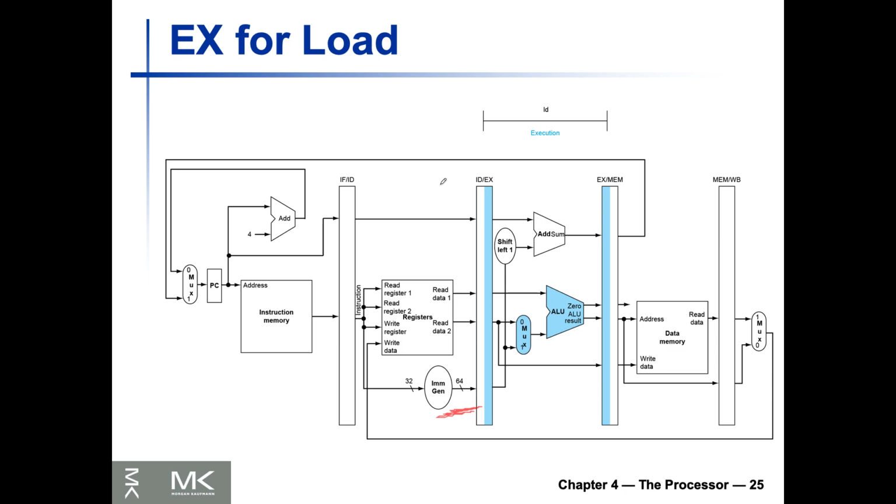Can anyone recall what the sign extended was? When we say sign extended, what do we mean by that? You fill the leftmost bits from that value with zeros and ones, depending on what sign it is. If it's positive, it's zeros, and if it's negative, then ones.